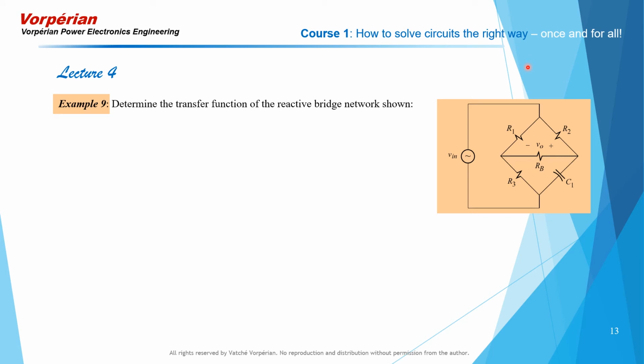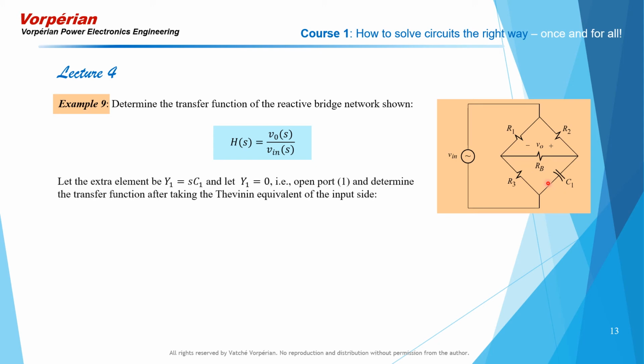In this last example, we are going to determine the voltage transfer function of this bridge circuit, in which the voltage V0, the output, is taken across the bridge resistance RB. Once again, we will designate C1 as the extra element and apply the extra element theorem. We will take C1 out by considering its susceptance equal to 0 or its impedance equal to infinity.